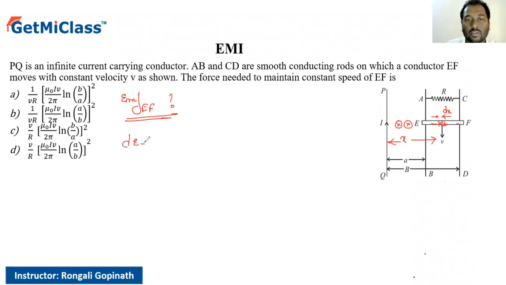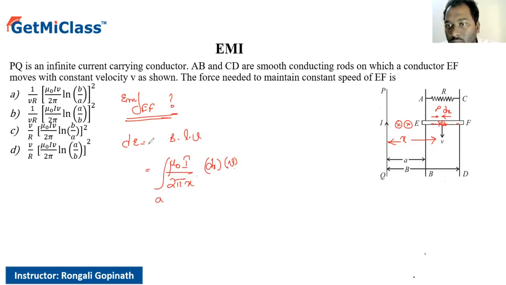A tiny EMF is given by B into L into V. What is B at this particular point P? It is mu naught I by 2 pi x. Length of that element is dx, and the speed it is coming down is V. Integrating it, x is going from A to A plus the length of the rod.